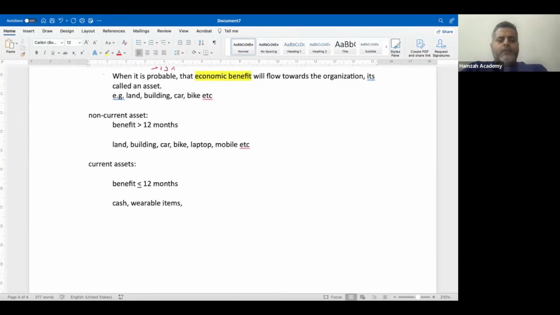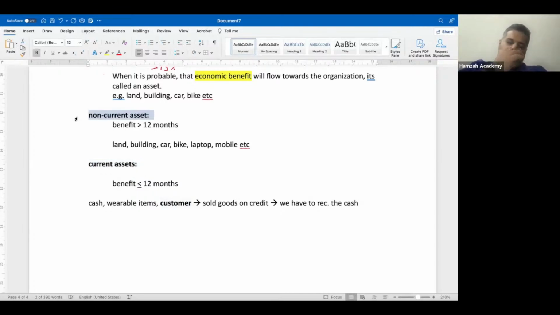And then we can also have the party or person or the customer to whom we have sold goods on credit, right? From whom we have to receive the cash, we have to receive the money. That person is also going to be called your current asset as well, right?